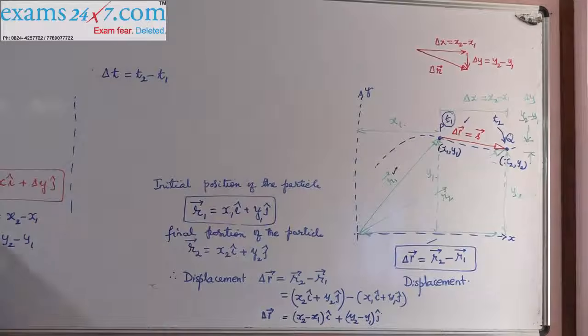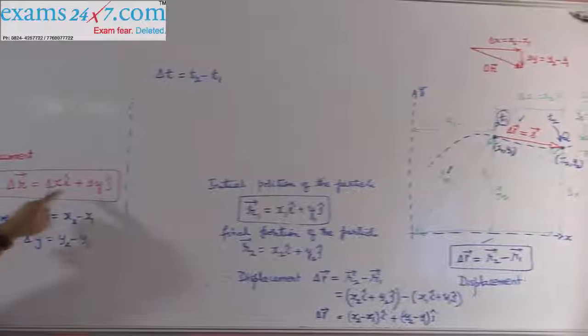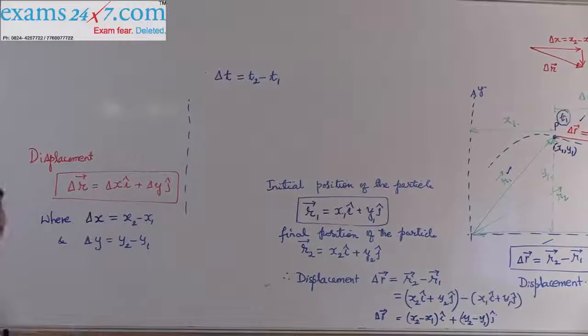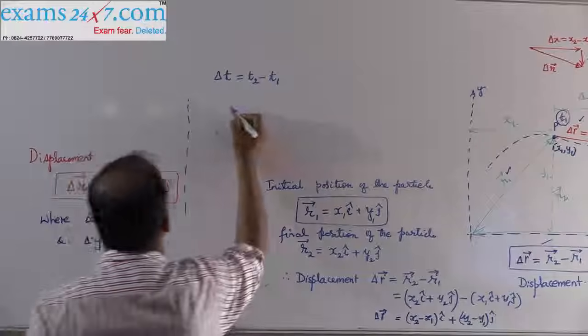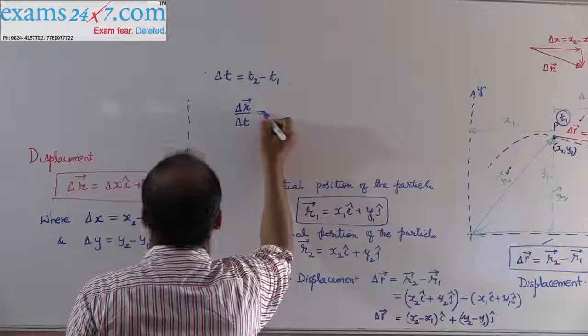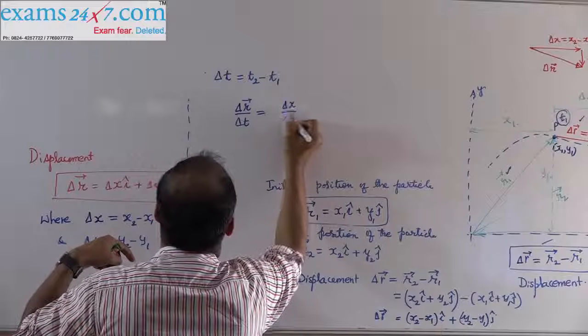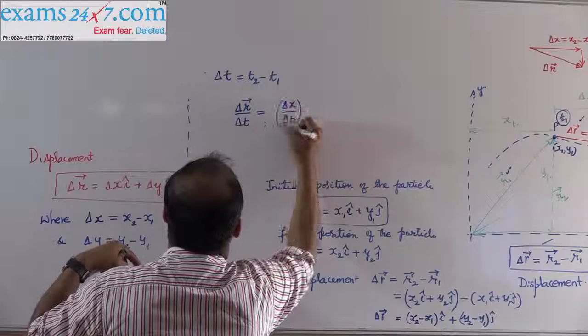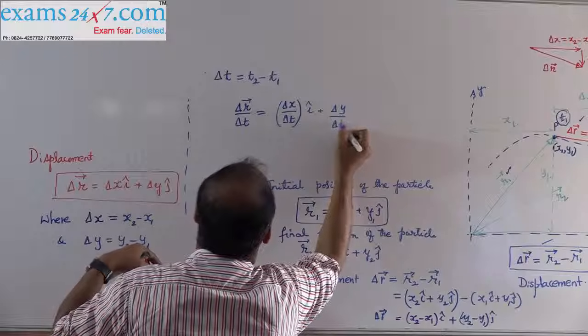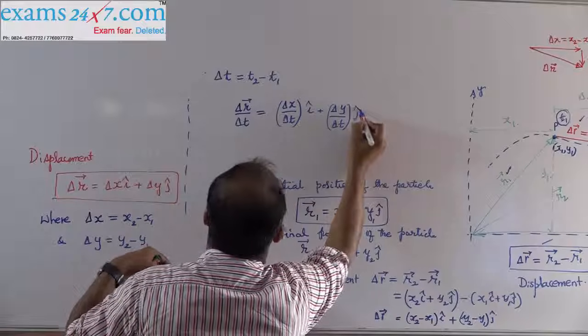Now if I take the ratio of delta r by delta t, or divide this displacement by delta t, what do I get? On the right hand side, delta x by delta t times i cap plus delta y by delta t j cap.